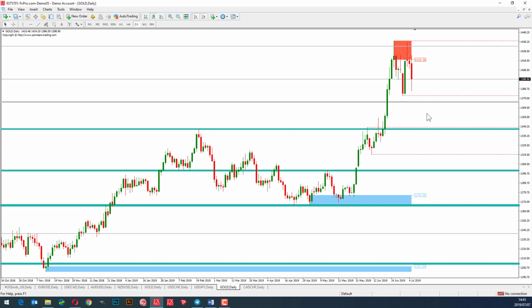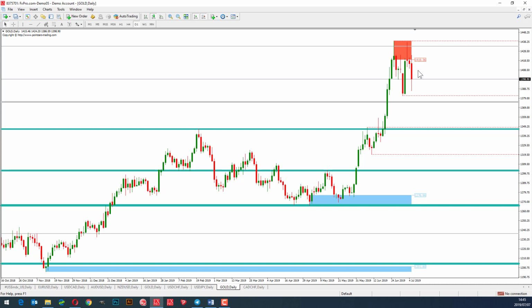It's in these areas that we should look for long entries on smaller time frames. If price does rally to the upside from the current price, then 1438 is a great potential area to look for bearish evidence in the market.